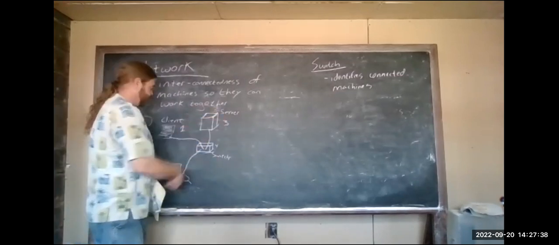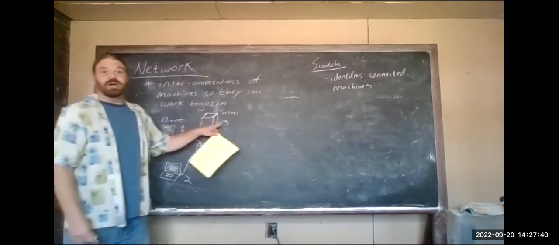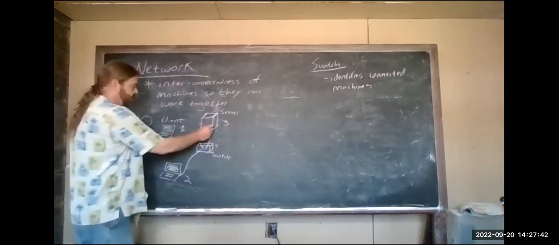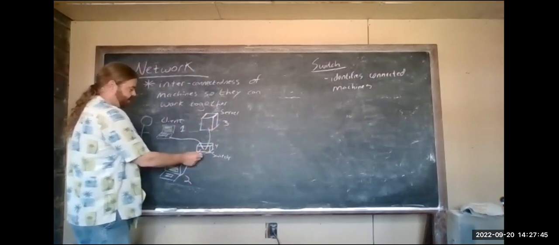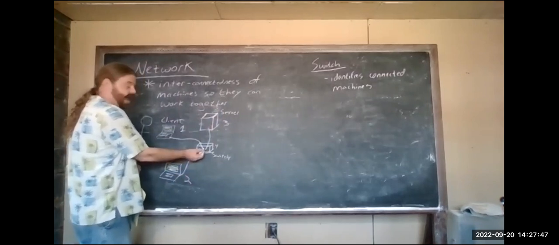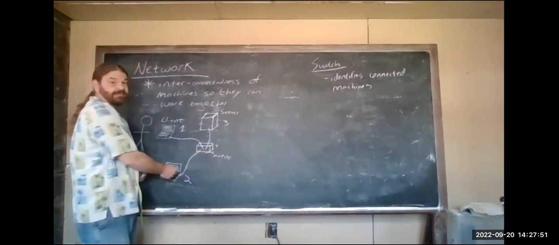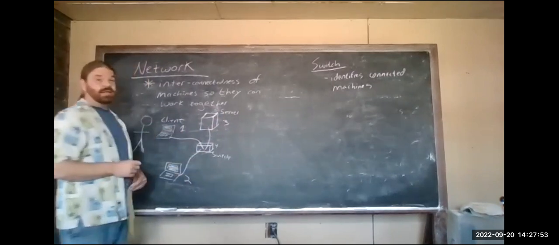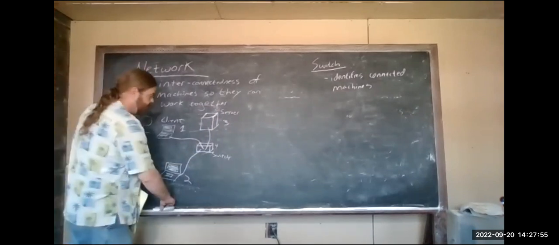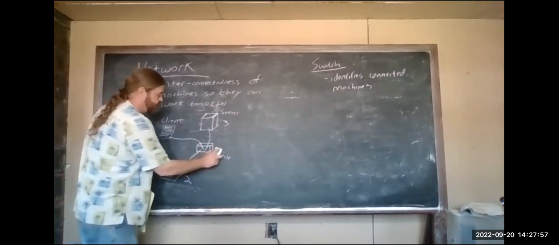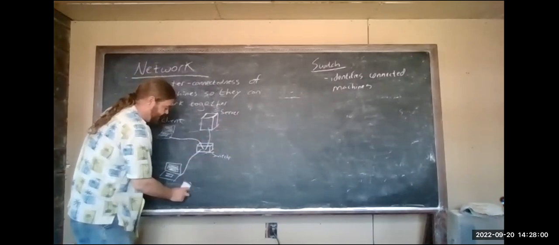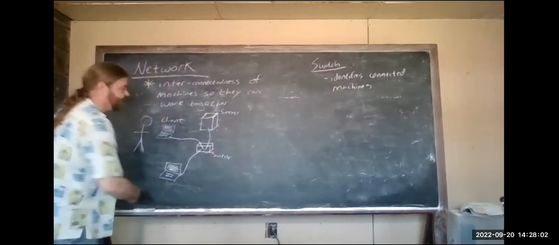So it's going to tell the server that machine 1 is looking for a file that's stored on machine 2. That's going to come back through the switch, ask how to contact machine 2, come over there, find that file, then bring it back to client 1. So the switch is the one that knows the addresses of every machine that it's connected to.